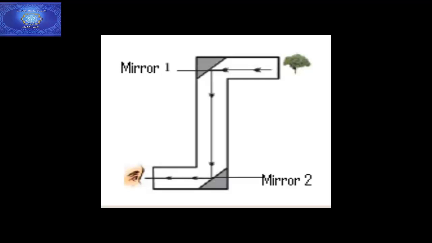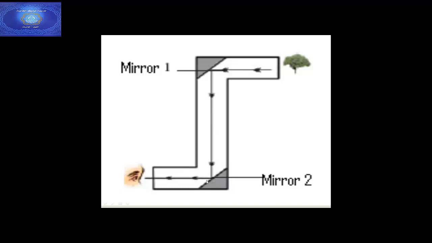Now this diagram shows us the components of a periscope. A periscope is made of two tilted mirrors, tilted like this. Top mirror, this top means up, top mirror, and bottom mirror, both of them tilted mirrors, okay.